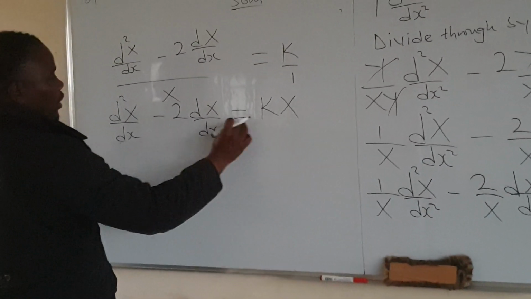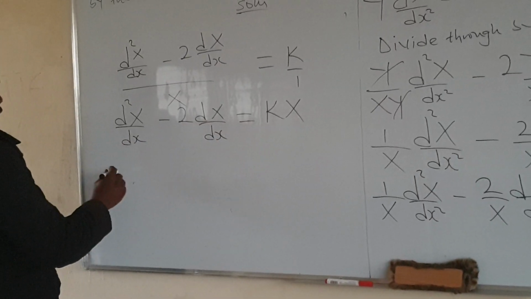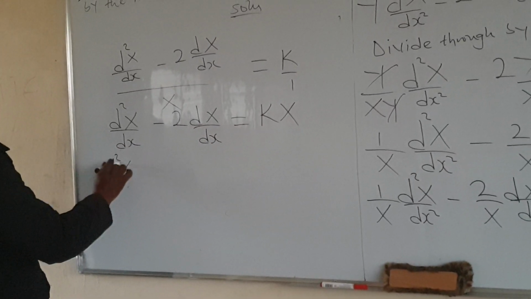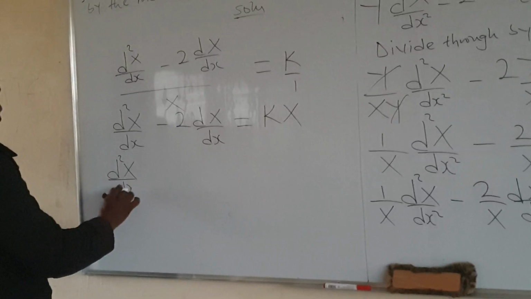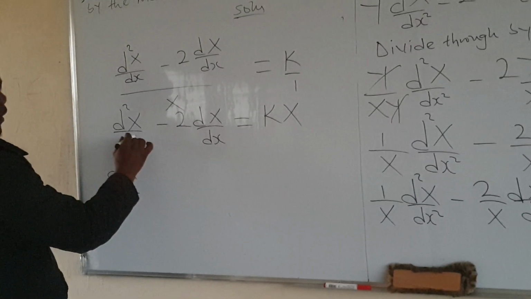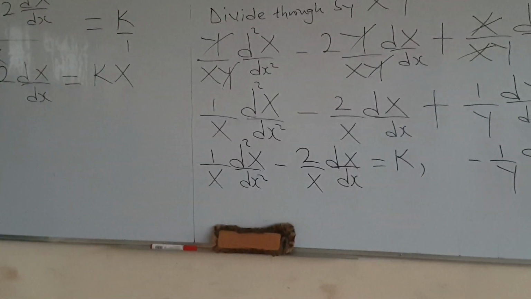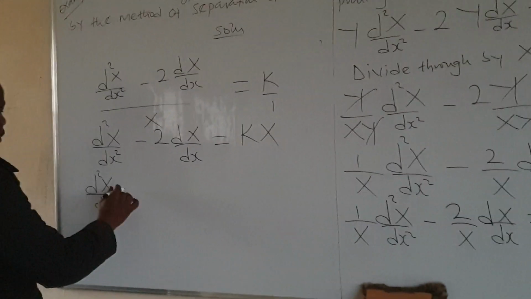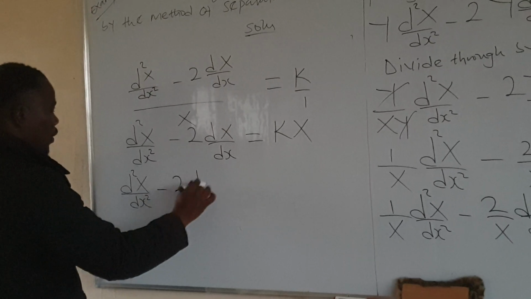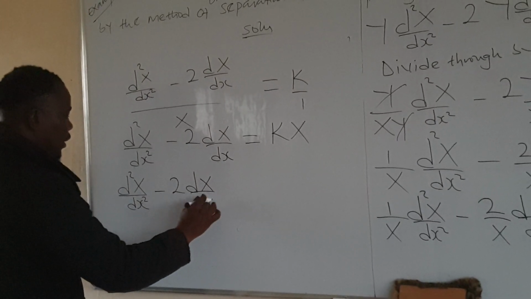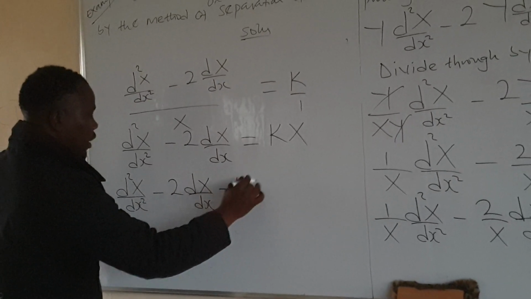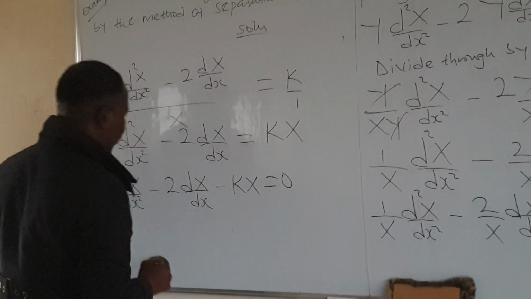So if we take this to the left hand side, it means this differential equation will now be in this form. Sorry, this is s squared. Is that clear? So minus 2 dx all over dx minus kx equals to 0.